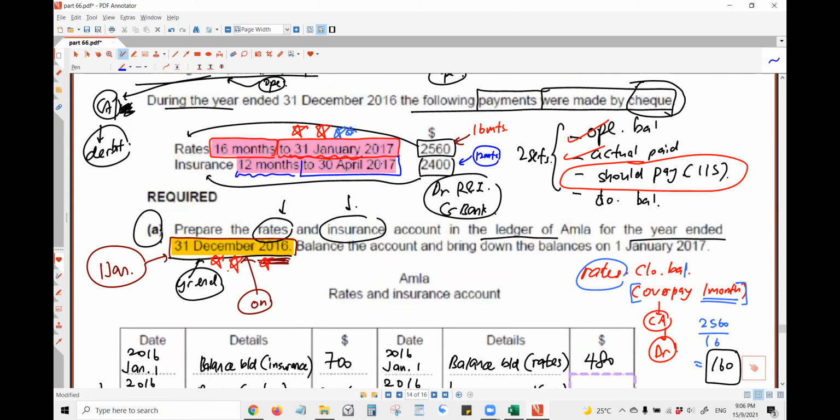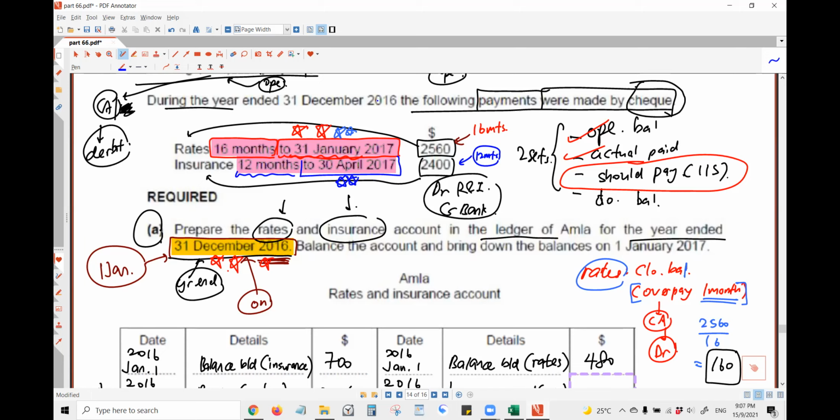What does it mean? It means that AMLA has paid for the insurance covering months until 30th April 2017. That means AMLA has paid for the insurance all the way until 30th April 2017.